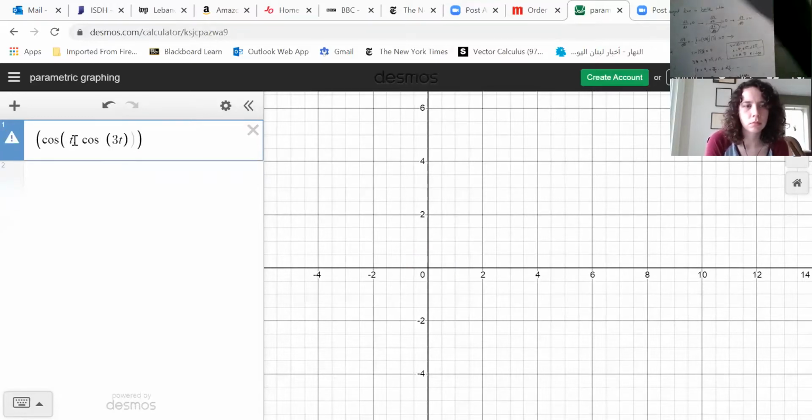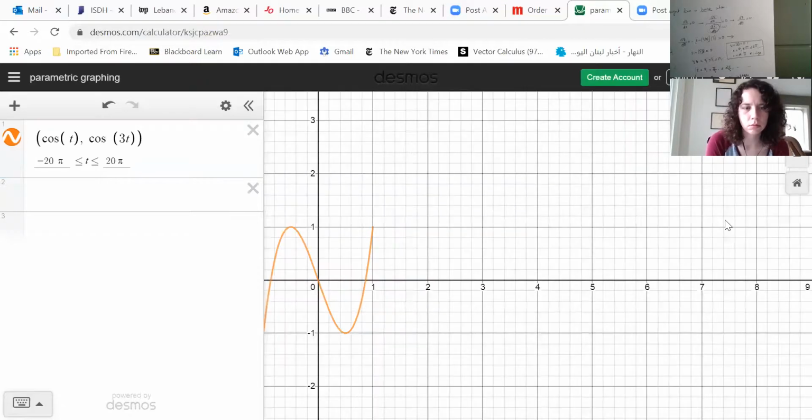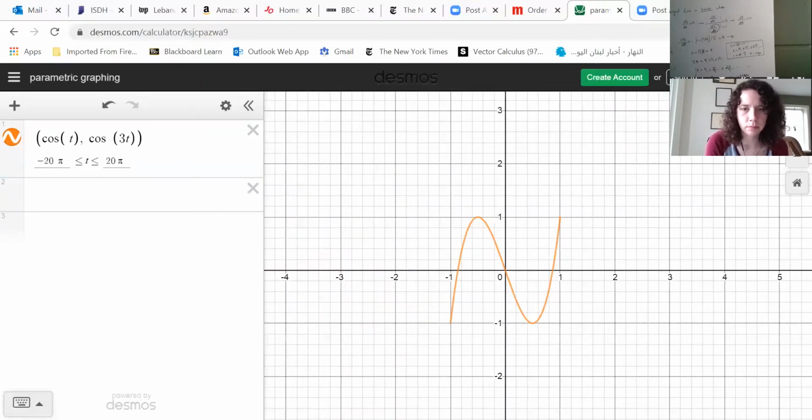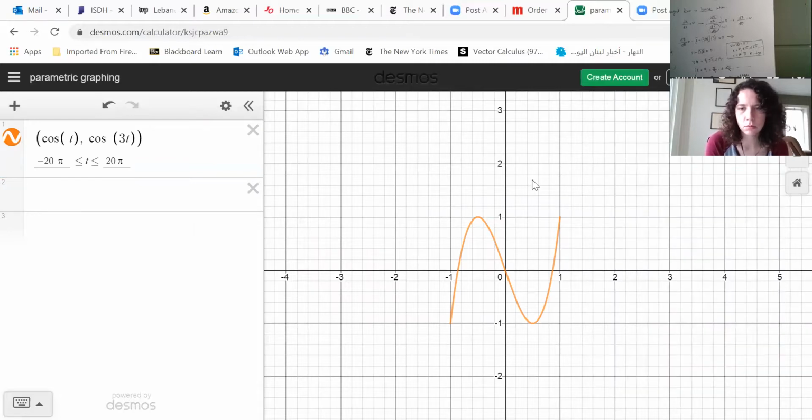I don't know why it's doing this. It should give us a very good graph. Let me check if everything is in radians. It should be in radians. Yeah, it is in radians. It's not giving me the correct graph.